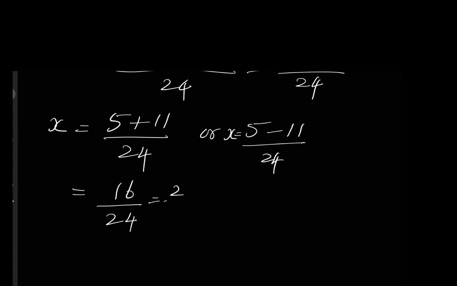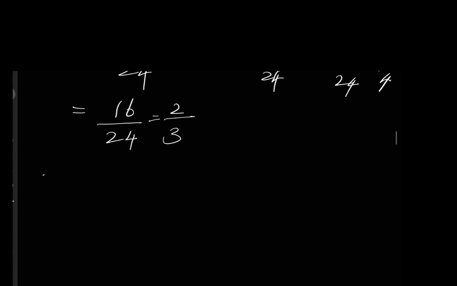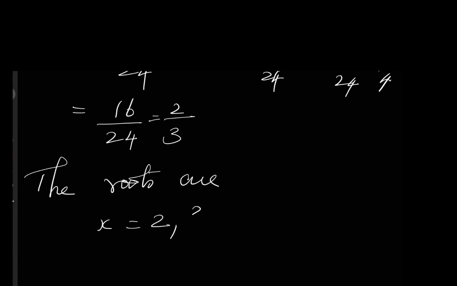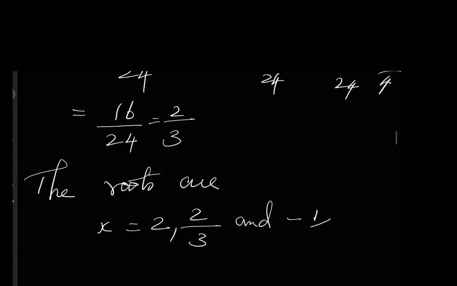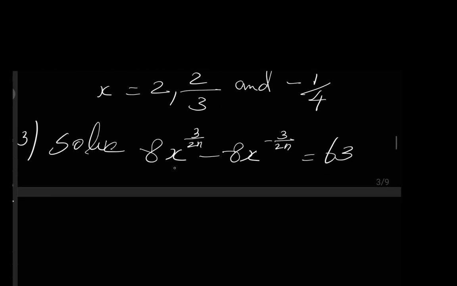So 8 goes here 2 times, 3 times. This is minus 6 by 24. That is equal to minus 1 by 4. So we got the roots. The roots are: already you got x as 2, and now this is 2 by 3, and next value is minus 1 by 4.